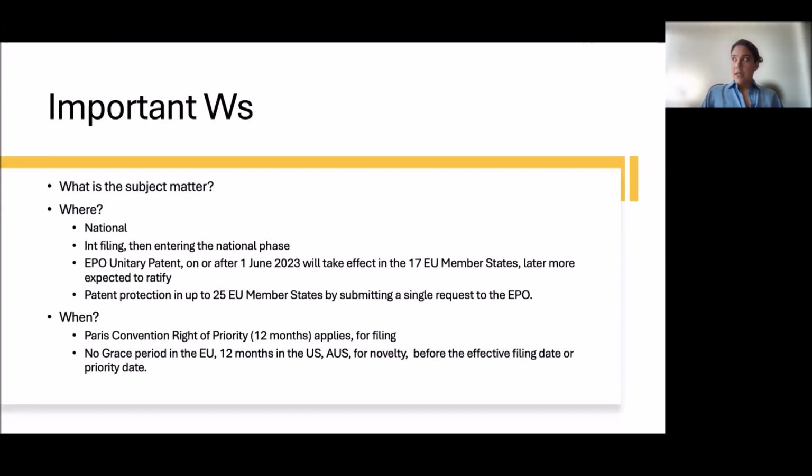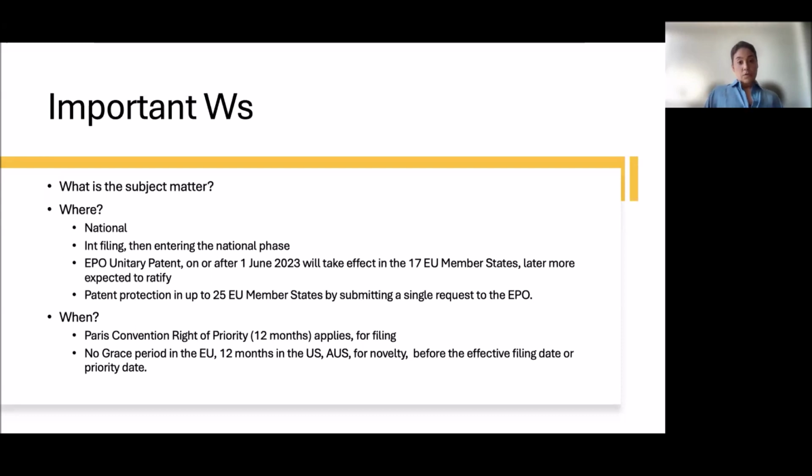And then you can enter national phases, but it's very costly, because in each and every national phase, you have to pay for the translation fees and the National Patent Office fees. So it's quite costly.